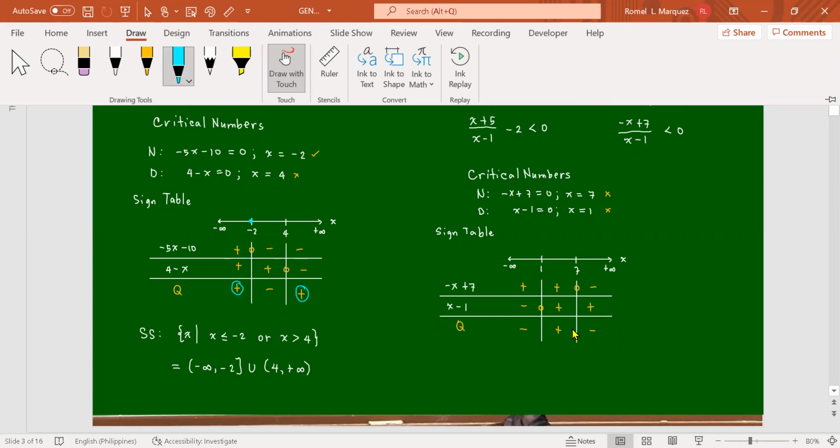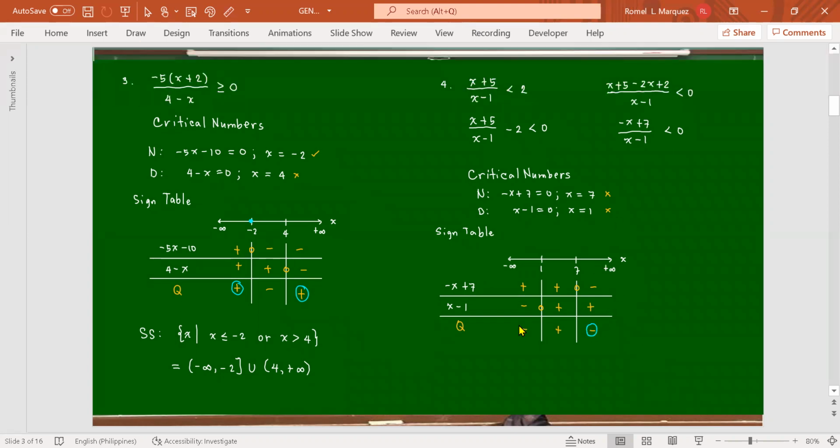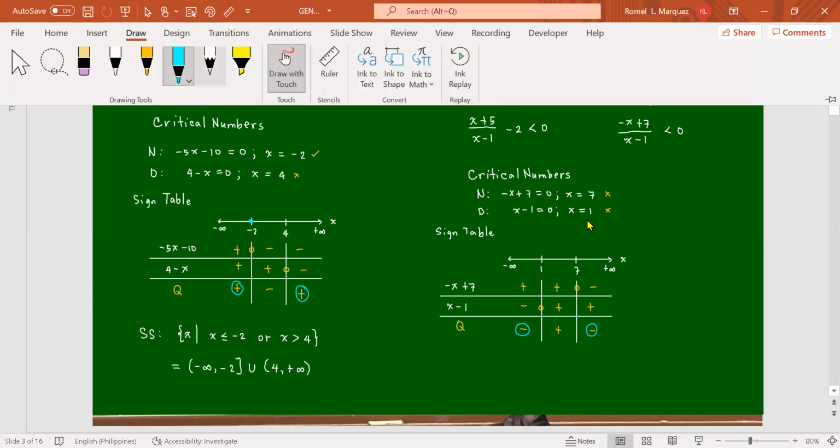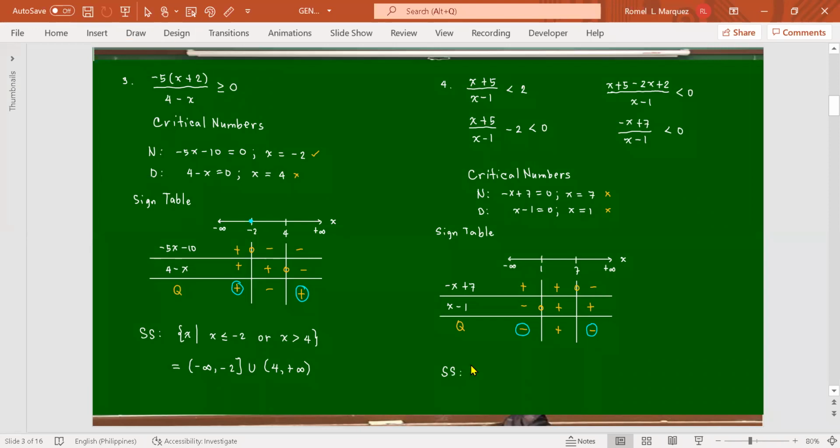So these are the extreme signs, the left and right intervals. So what is now the solution set, guys? Take note, we don't include 1 and 7. So both parentheses.